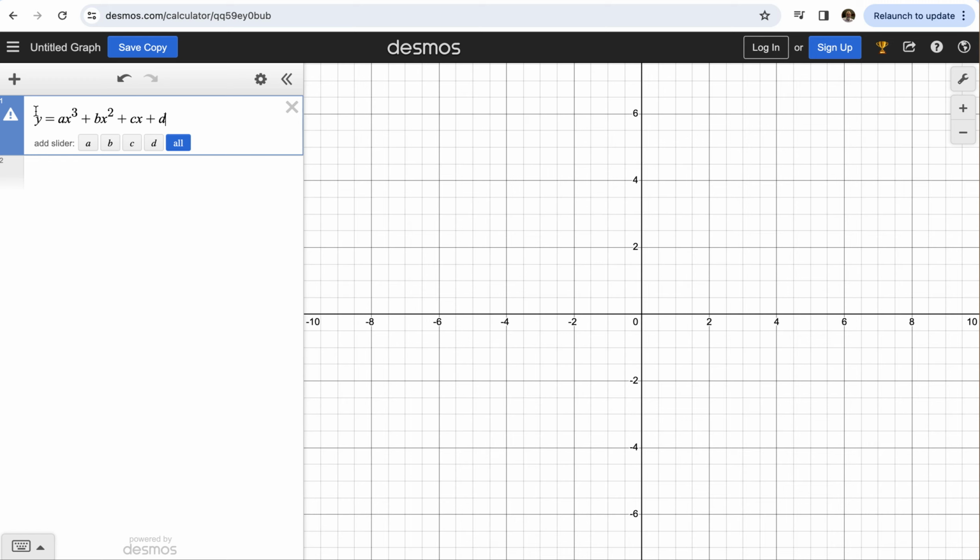Now you notice I put in 4 constants, and Desmos allows you to make them a slider.